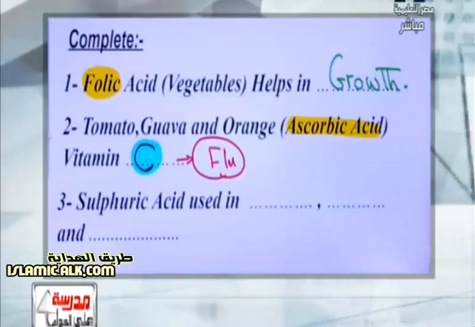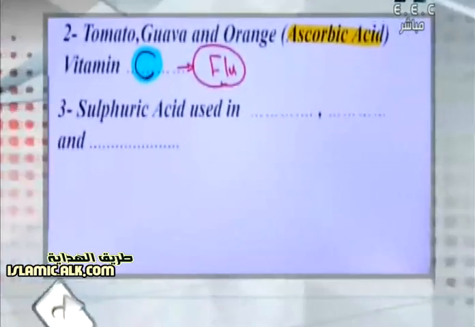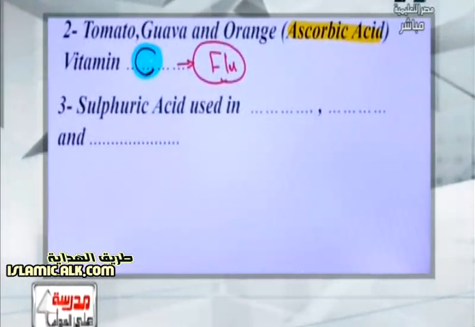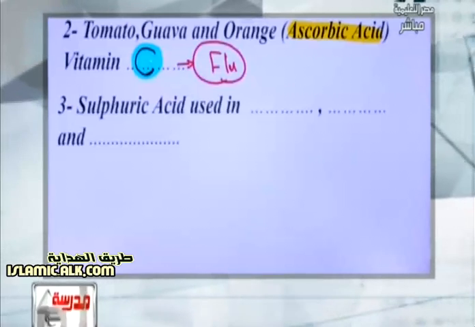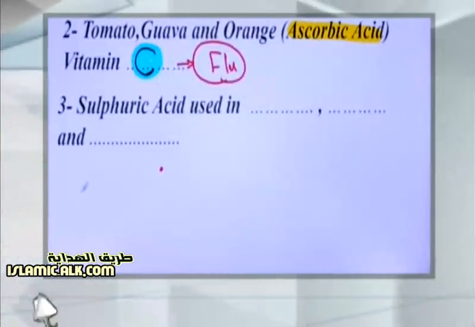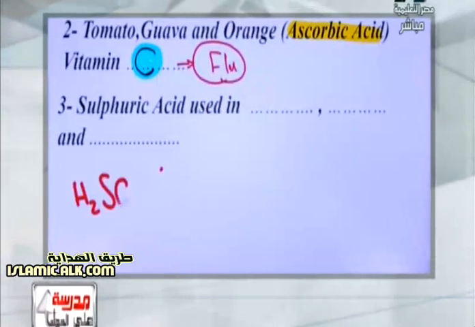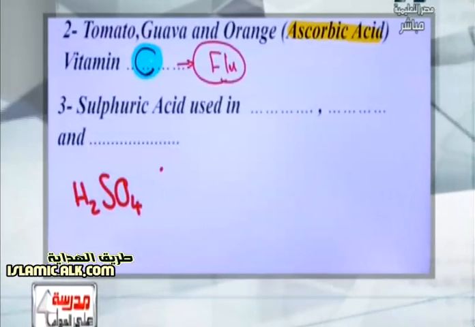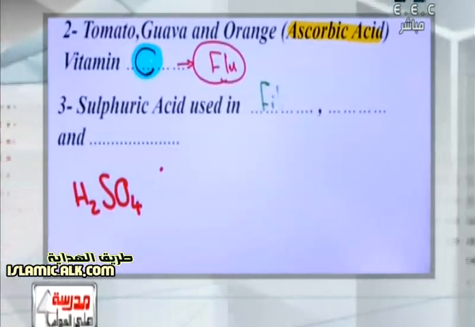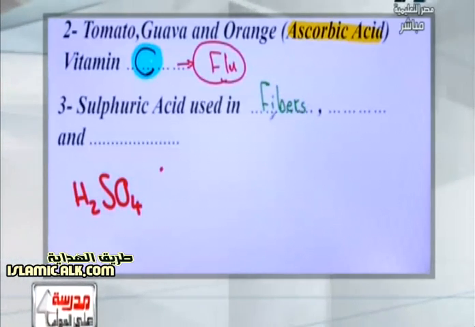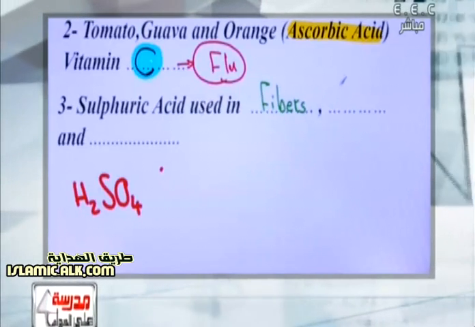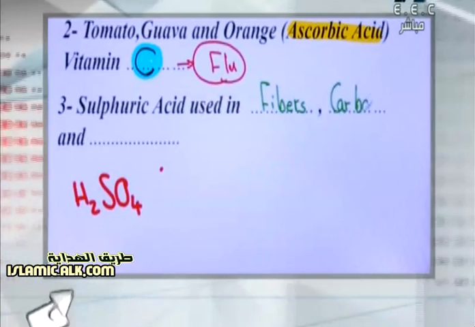Sulfuric acid, as we have here to know the uses of sulfuric acid, and we know the chemical formula of sulfuric acid is H2SO4. The uses of sulfuric acid are in fibers, industry, and in car batteries.